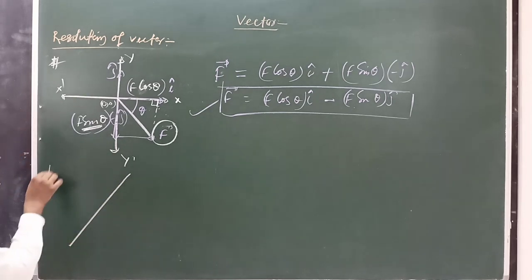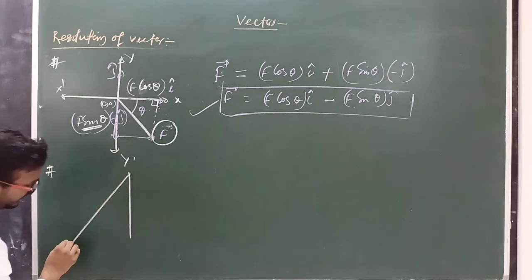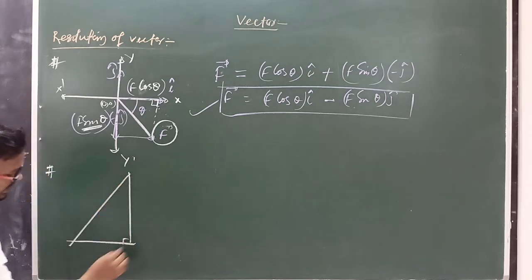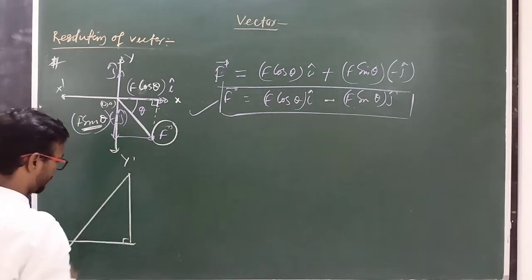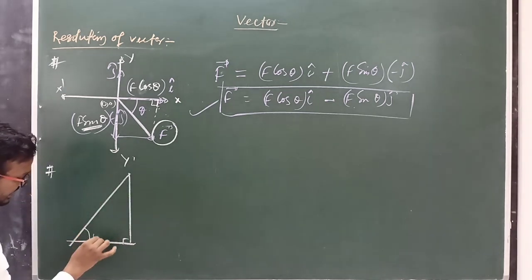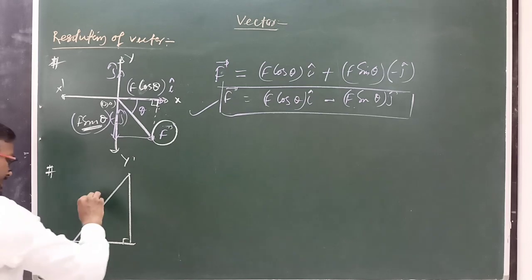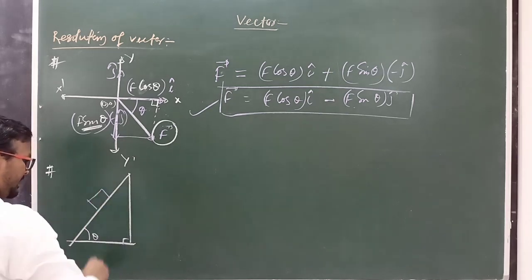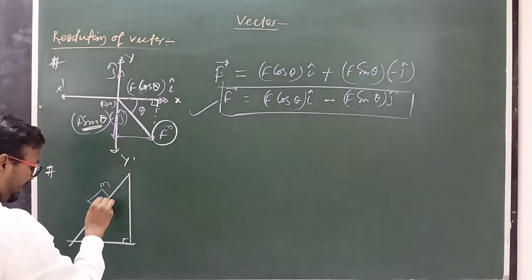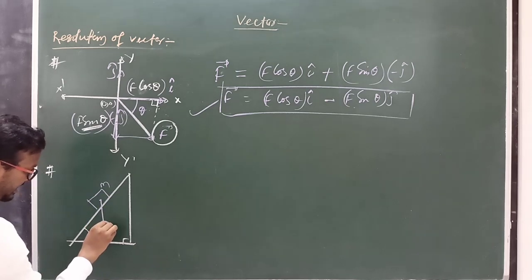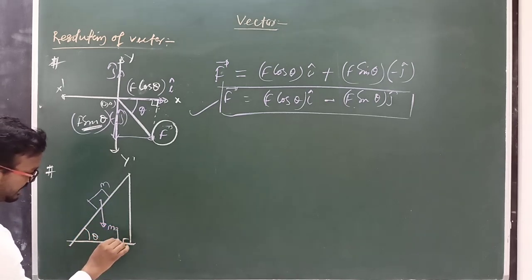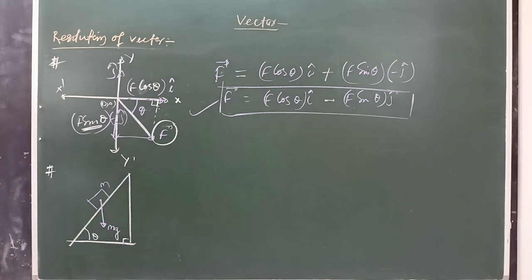Suppose we take another example. This is a 90 degree inclined plane, you can say here. Suppose this angle is theta, and there is a body of mass m and the force acting on it is known as gravitational force mg. Find its rectangular component. We have to find the rectangular components.